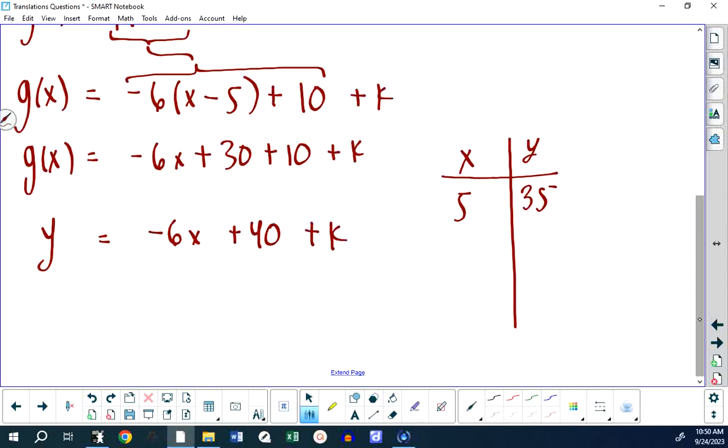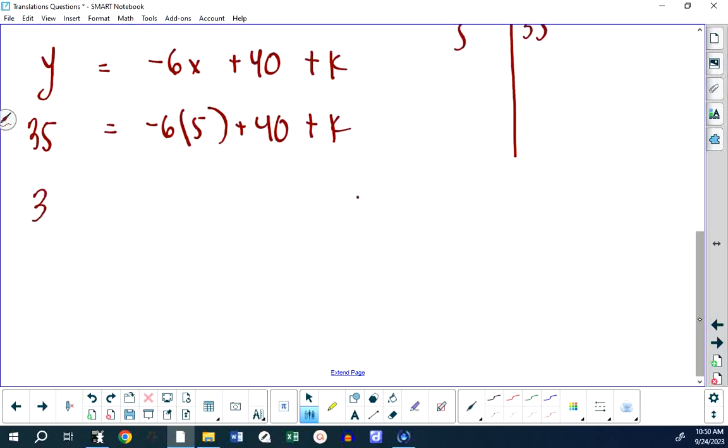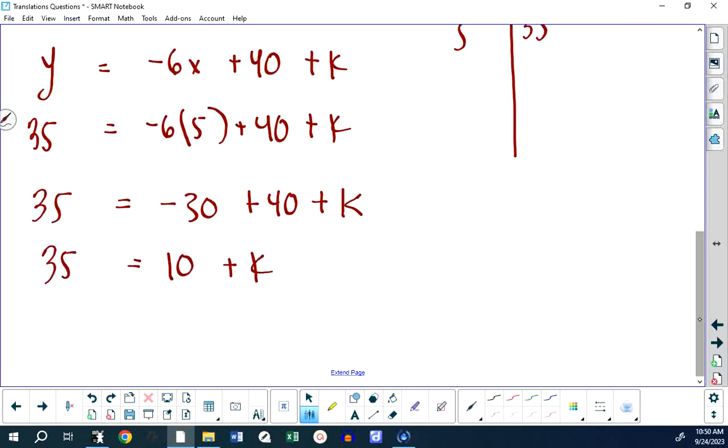I load in 5 comma 35. Simplify it. What am I getting? 35 is equal to -30 plus 40 plus k. 35 is equal to 10 plus k. Subtract 10 from both sides, you get k is equal to 25.